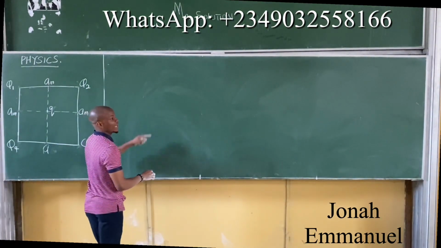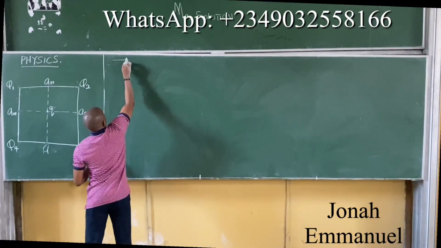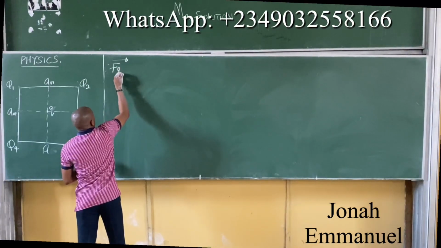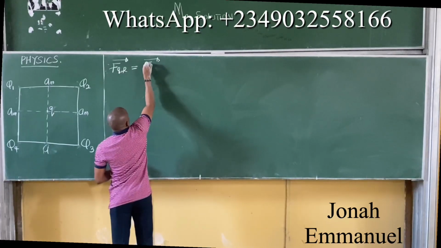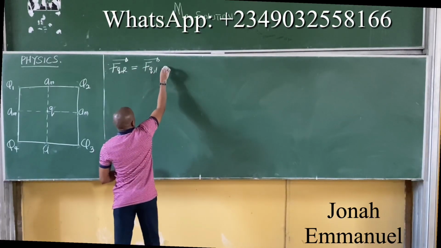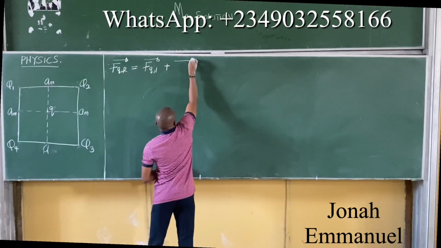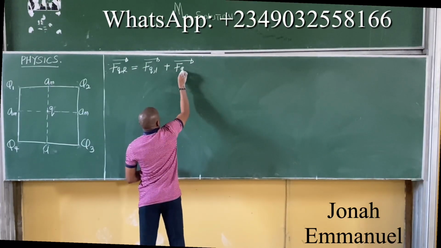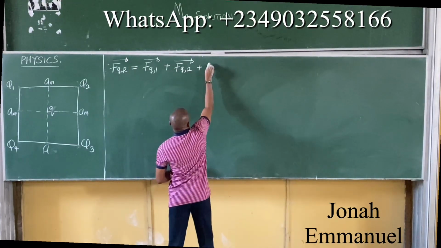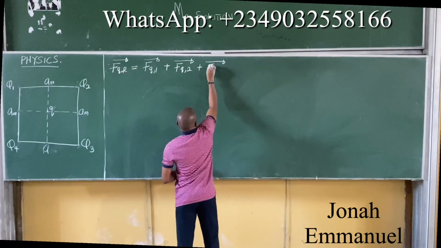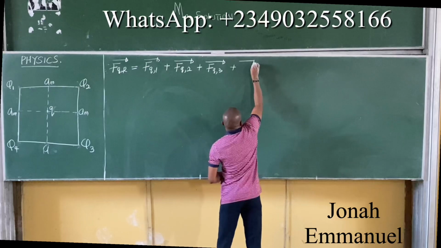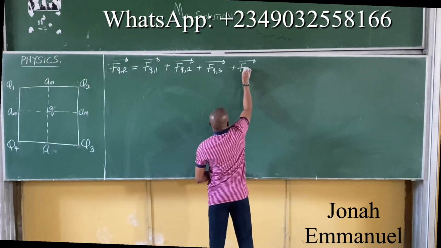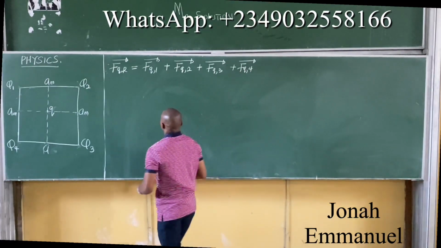So let's now get FQ resultant. We said it's equal to FQ1 plus FQ2 plus FQ3 plus FQ4.